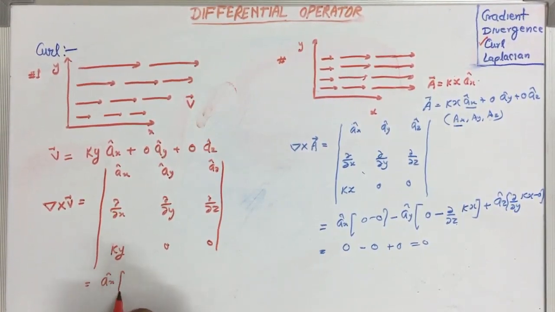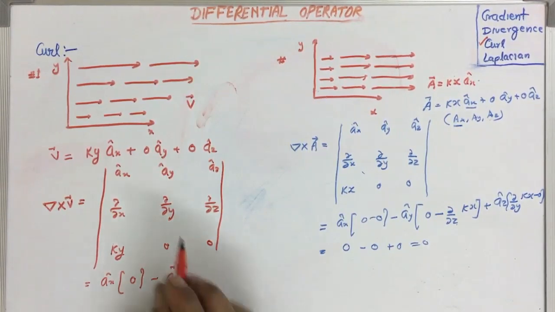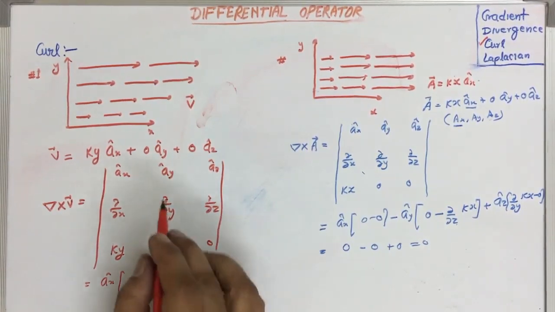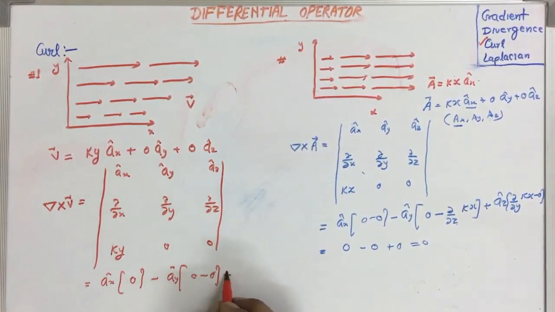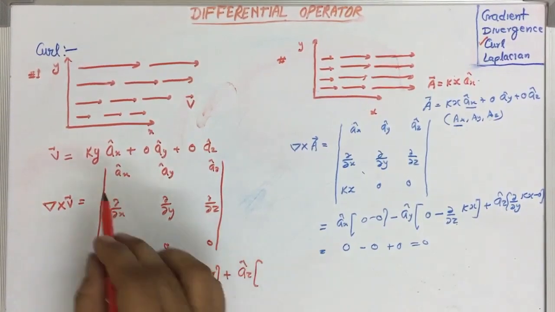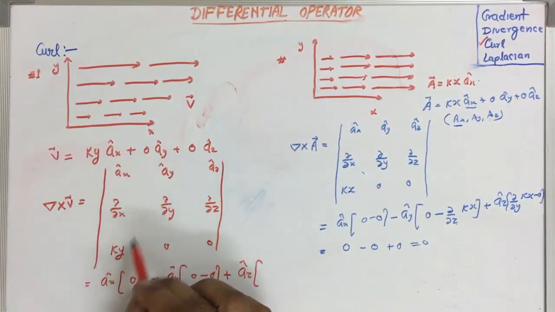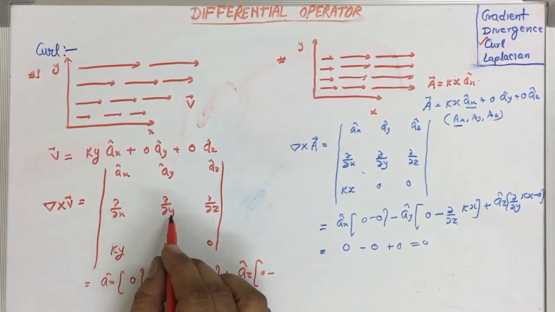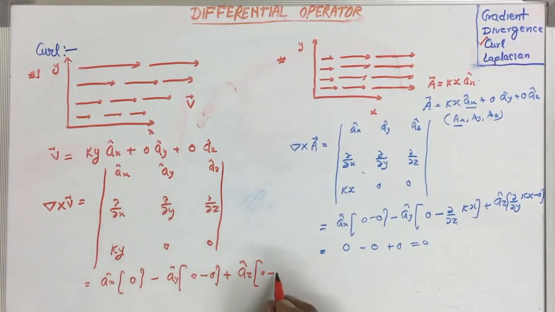In that case it will be ax 0 minus 0, minus ay, if you take ay, then it will be 0 minus 0, plus az, it will be 0 minus Ky differentiated with respect to y, which will give you K. So 0, 0 plus az with minus K.